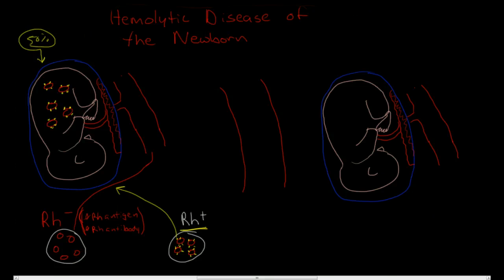The mother, again, has red blood cells with no Rh antigens, and her bloodstream also has no Rh antibodies in it. Now, this is not a big deal that the baby has Rh positive antigens yet, because there is a barrier between the baby and the mother in the placenta.